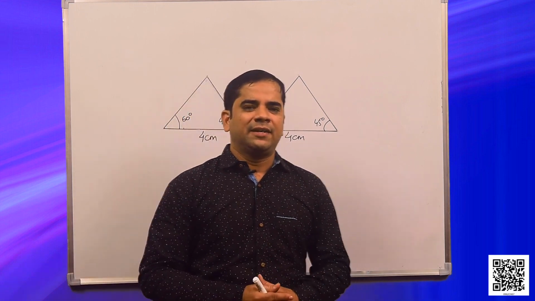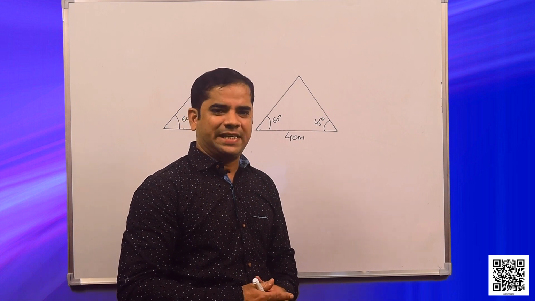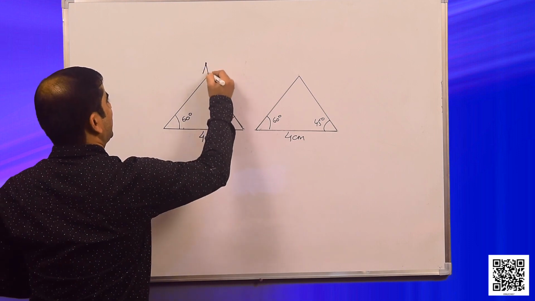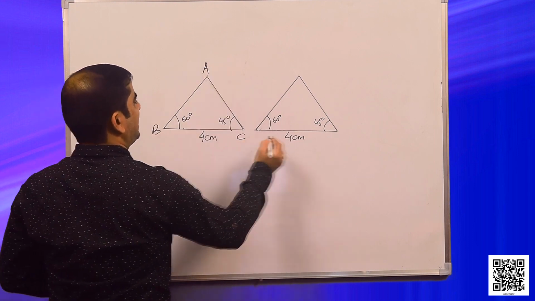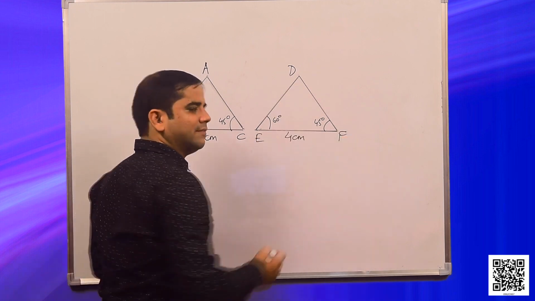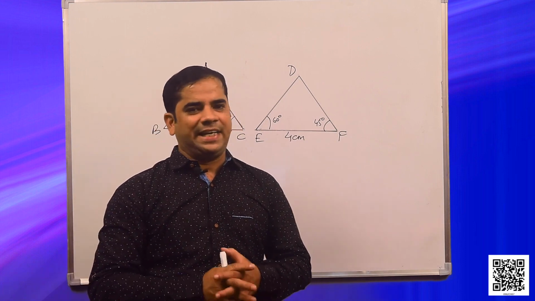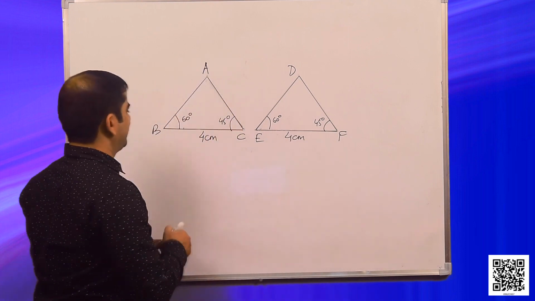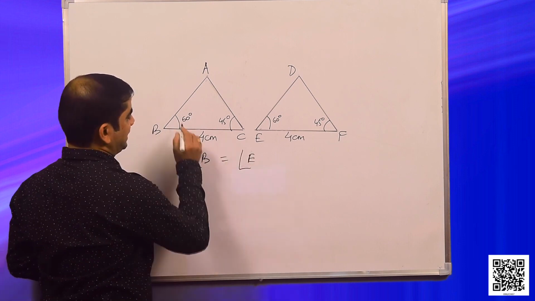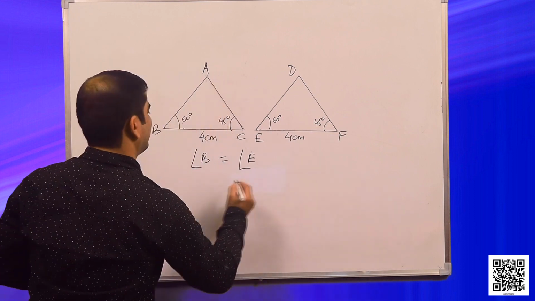Dear students, let us name these two triangles as triangle ABC and triangle DEF. So, we are given two triangles ABC and DEF in which angle B is equal to angle E, 60 degrees and 60 degrees.